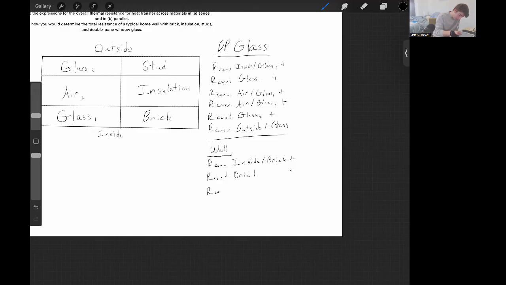We have the conduction from the insulation. And then we have the conduction of the stud. And we have the convection from the stud going into the outside air.